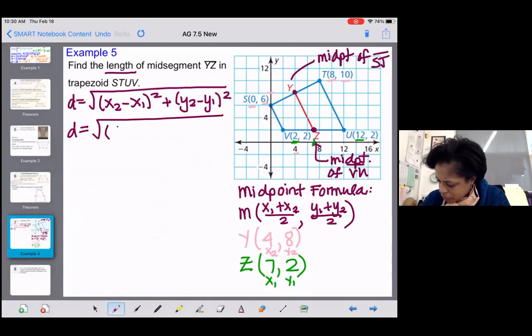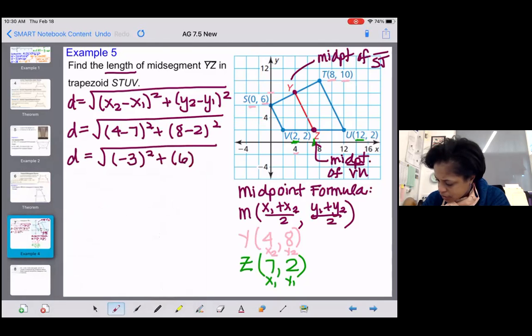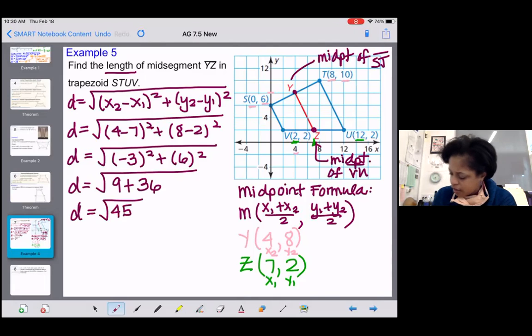That's going to be 4 minus 7 squared plus 8 minus 2 squared. 4 minus 7 is negative 3. 8 minus 2 is 6. 9 and 36. Looks like that's going to be the square root of 45.